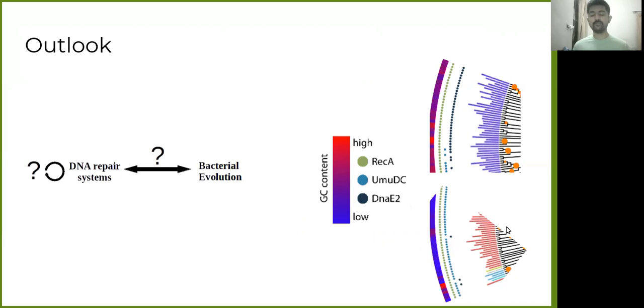This also ties in well with the experimental results, which show that DnaE2 is effective in repairing GC attacks. So the pipeline that we have created in this analysis could be tested for other repair pathways and other mechanisms to understand genome evolution in bacteria in a better way.